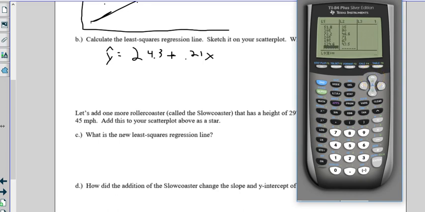So we're adding a new height of 297, and we're adding a new speed of 45. Stat, Calc, 8. Enter, enter, enter. Don't forget to hit alpha trace here. And there we go.